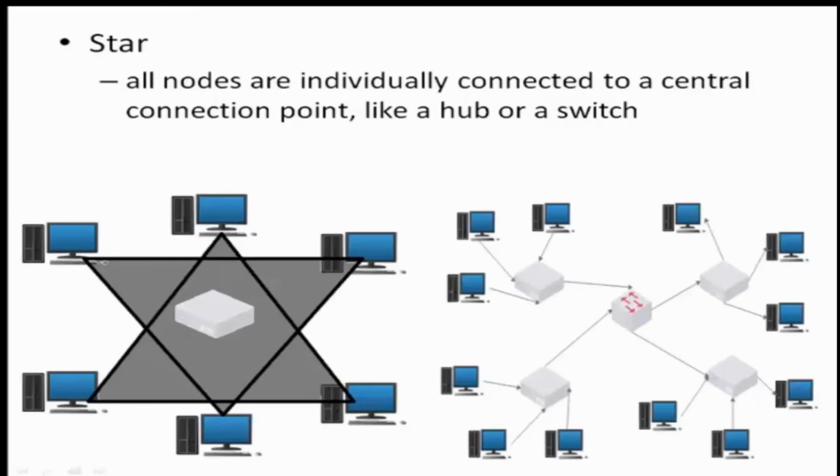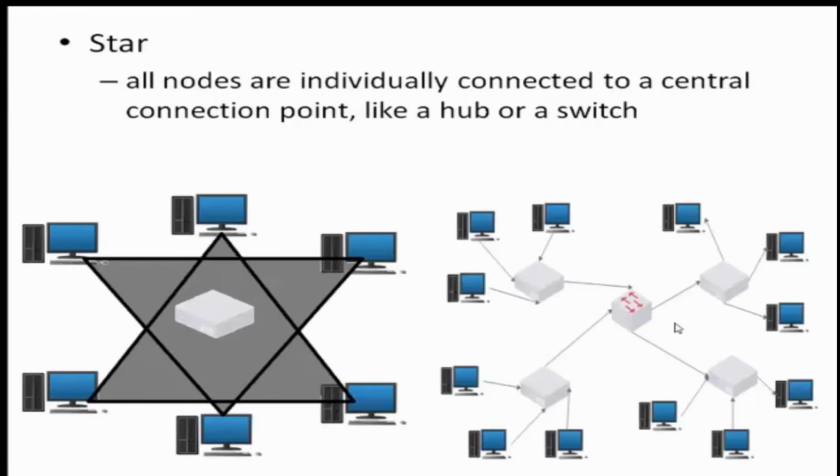Another thing is that we can extend this topology, as you can see here that I have extended it. In the center I used a switch and then I used hubs, and it is known as an extended star topology.